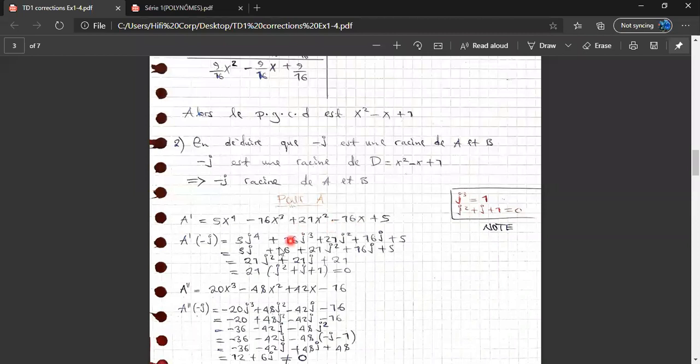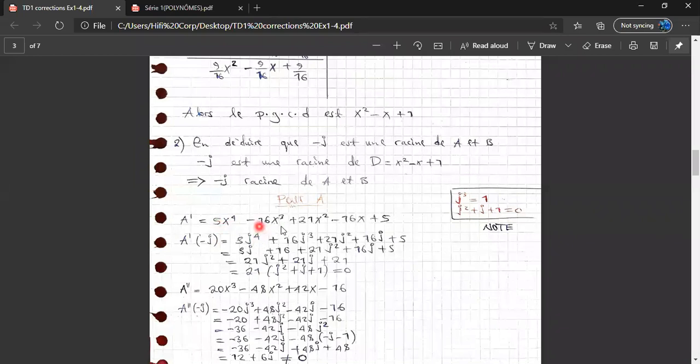So when we put in negative j, how is it going to be? This is an even power, and an even power, when you put a negative number in it, will be positive. So it will be 5j to the power 4.